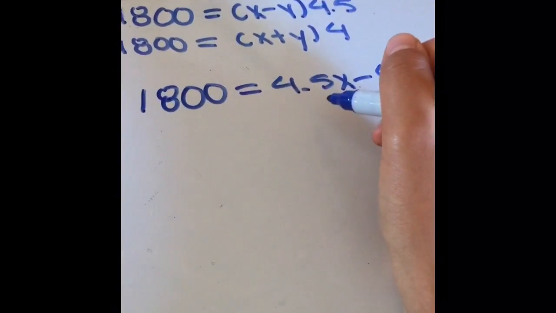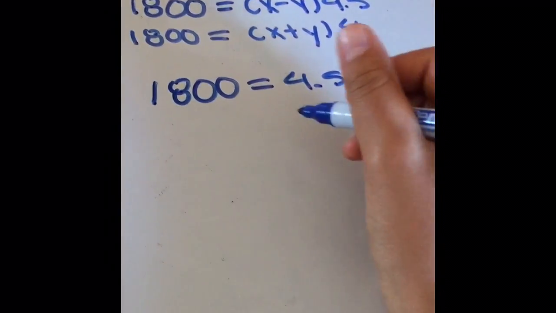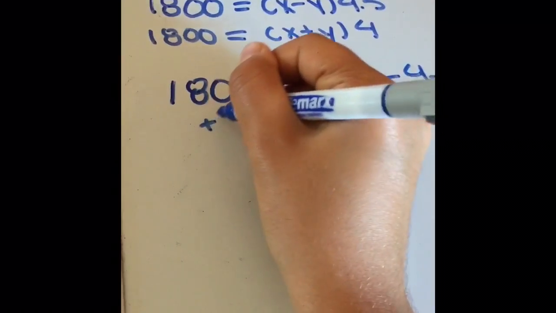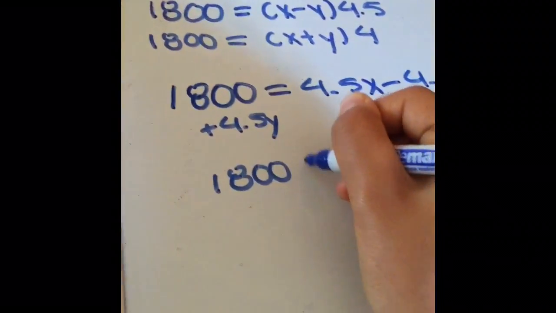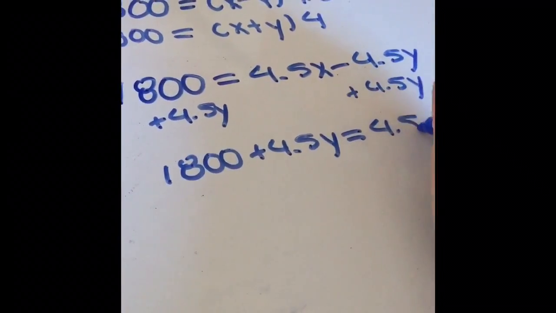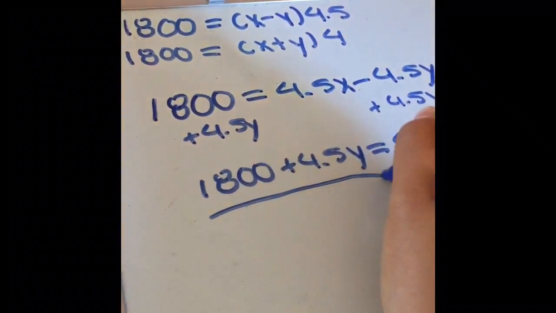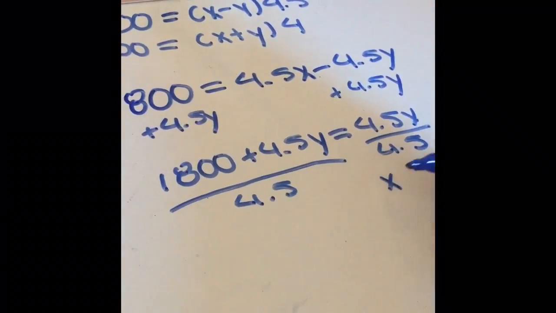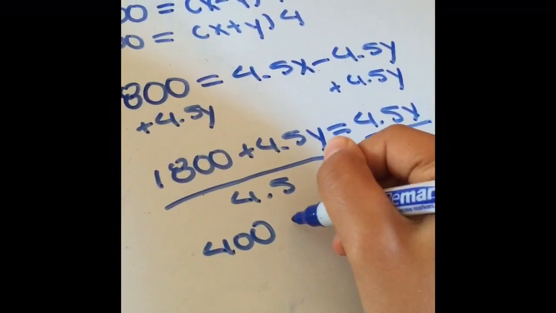Now we have to get x alone, so we have to add 4.5y to both sides, and then we get 1,800 plus 4.5y equals 4.5x. Then we divide both sides of the equation by 4.5 to get x alone. And then we get x equals 400 plus y.